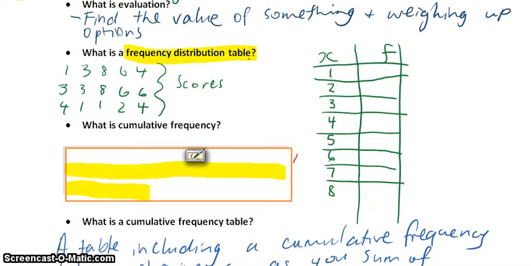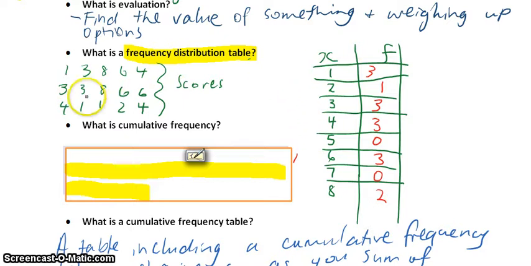Now I need to put in the frequencies. How many times can you see a 1? Three times. What about 2? I've only got one 2. Three lots of 3. Three lots of 4. No 5s. Three lots of 6. No 7s. And two lots of 8.